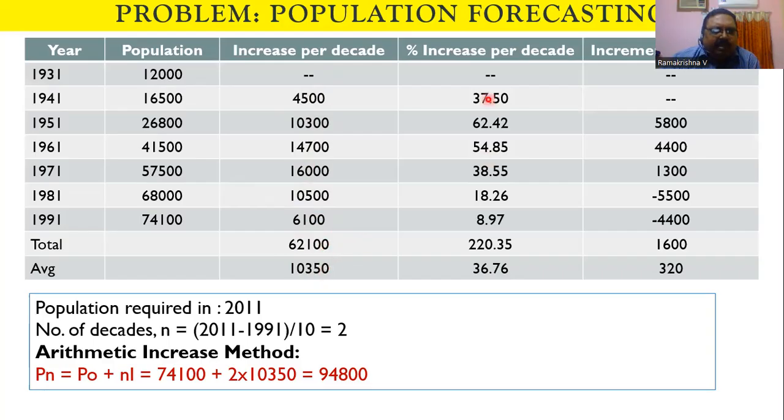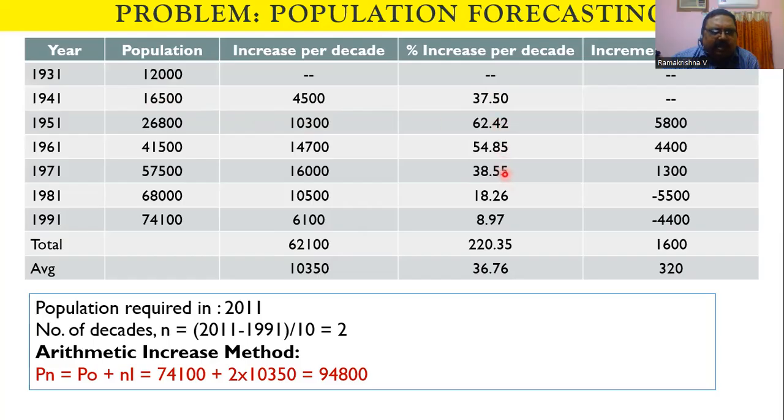And then in the fourth column, we will make percentage increase. 4,500 is the increase for a population of 12,000, so 37.50. Similarly, 10,300 per 16,500 population, 62.4.